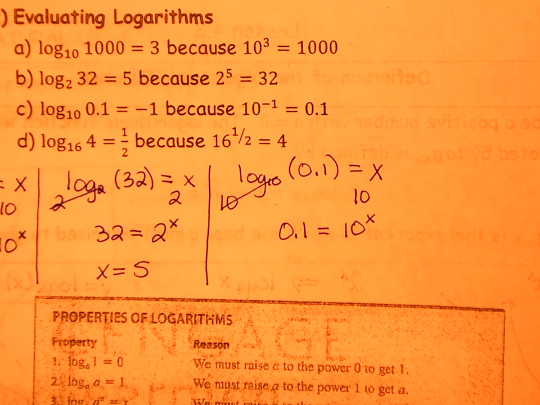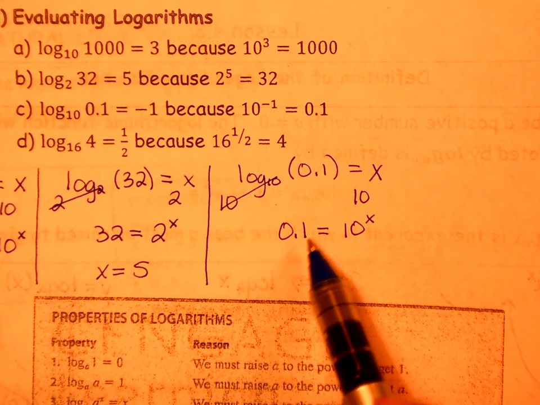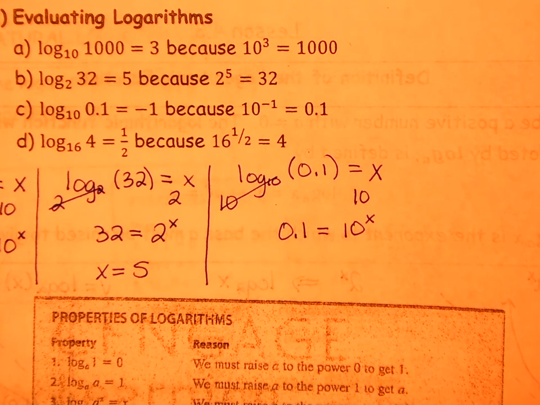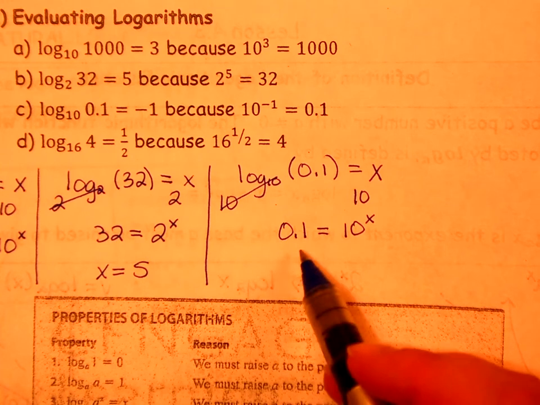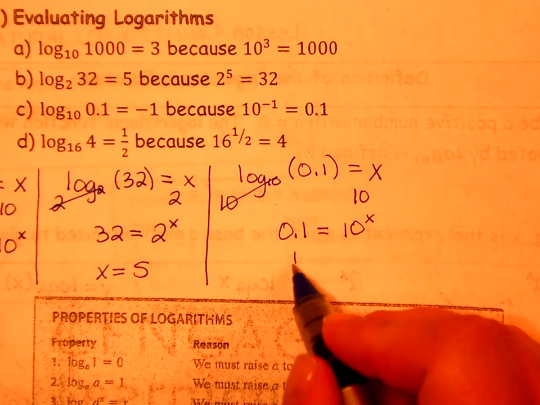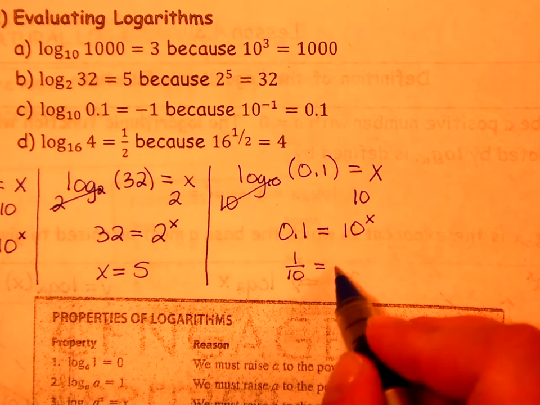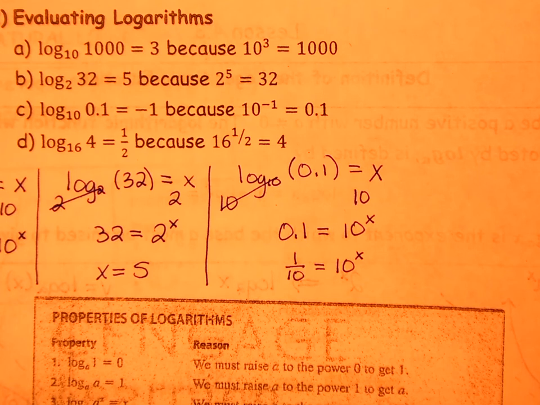Now, in order to solve this one, it's better to get it out of the decimal form. If I write 0.1 as a fraction, this is 1/10. So I have 1/10 equals 10 to the x power.